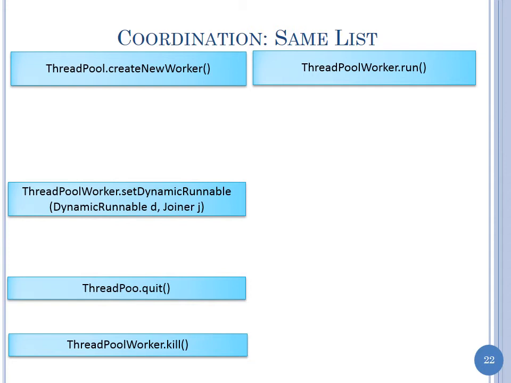Yeah. So would kill just abort the process the worker is doing and return it to the pool? So kill is actually, I didn't say which class it is declared in, and it is declared in ThreadPool worker. So the ThreadPool worker kill will do what? Actually, Nathan already gave the answer a long time ago.